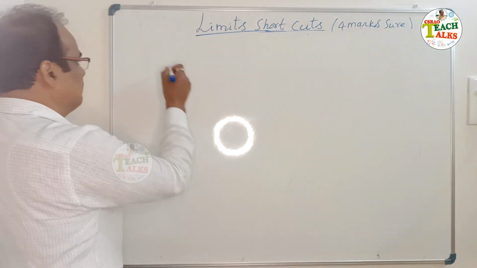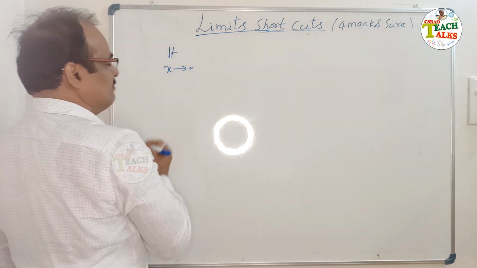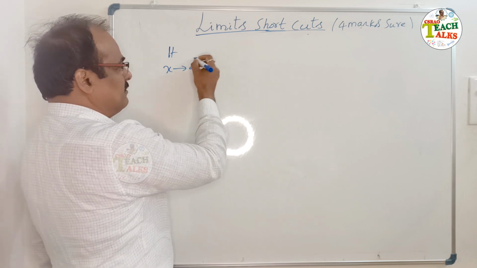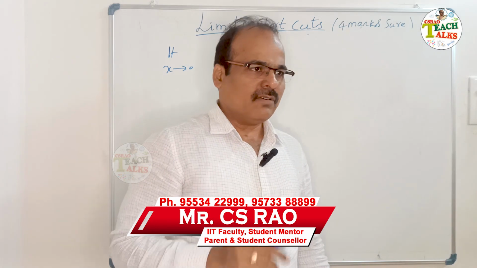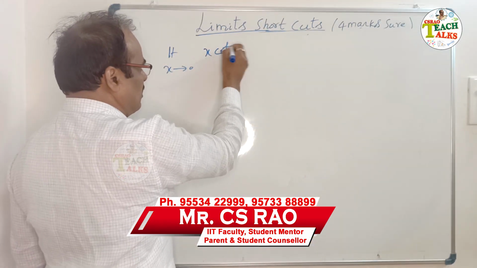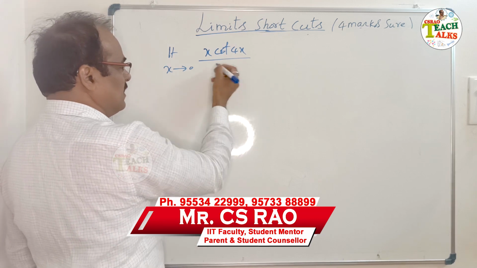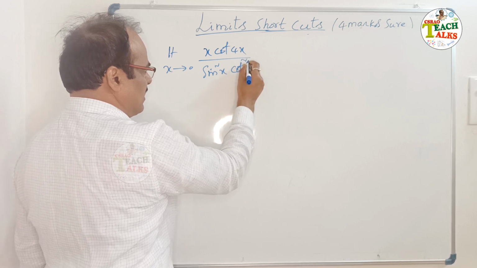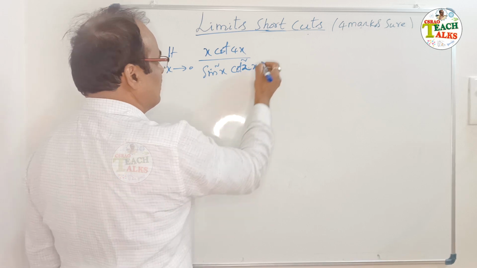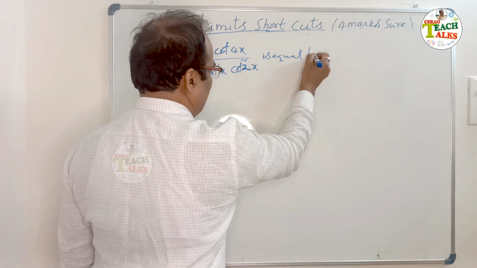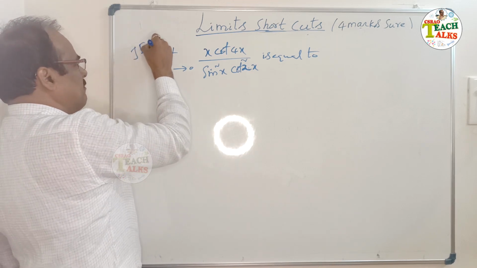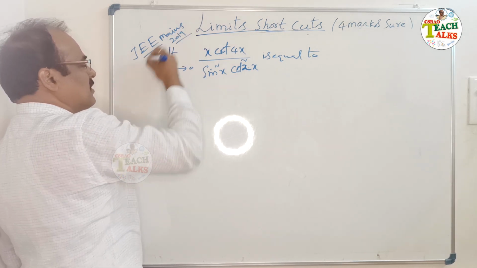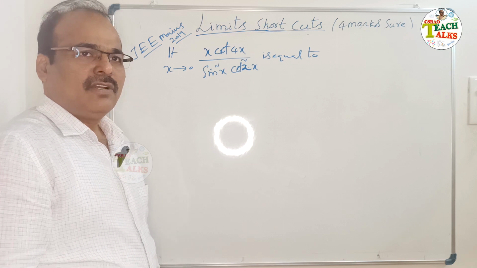Limit x tends to 0, x cot 4x by sin square x into cot square 2x is equal to, this is JEE Mains 2019.